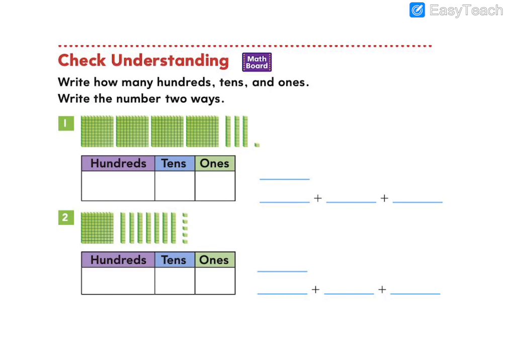Now you're going to go ahead and complete the check understanding. You're going to use the place value blocks to complete the place value chart. Then you'll write the number in standard form and expanded form. Go ahead and complete these 2 problems now.